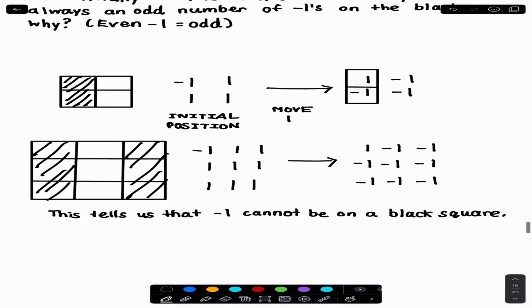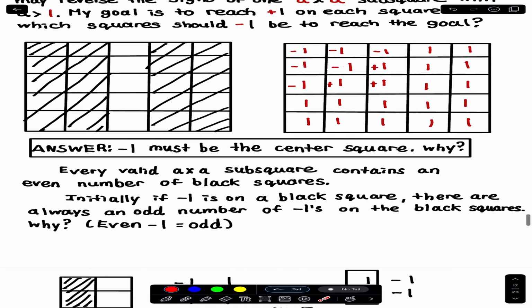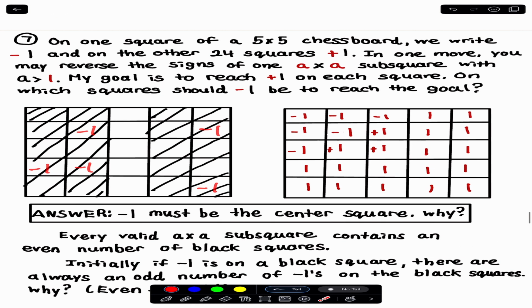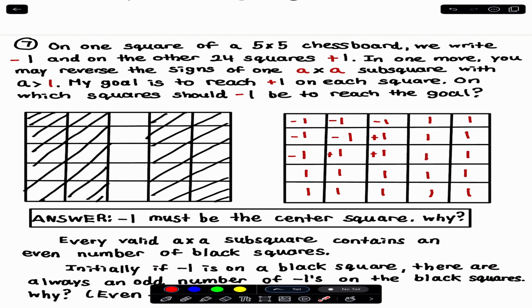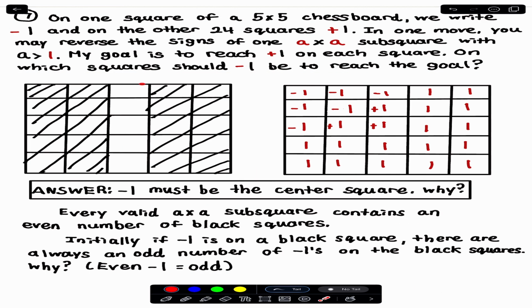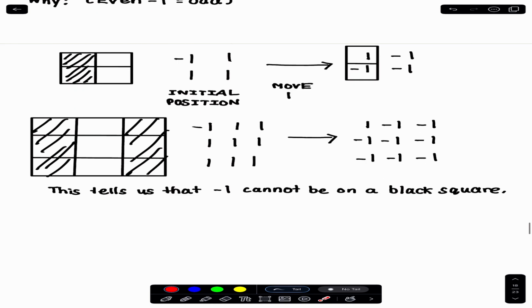So we've already chopped off 20 possibilities. That's nice. So in our coloring scheme here, negative 1 cannot be any one of these black squares, or else we will never get positive 1 on every square, which means we got 5 squares left to consider.